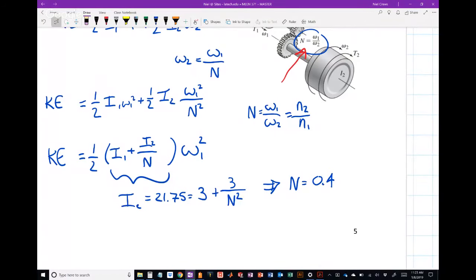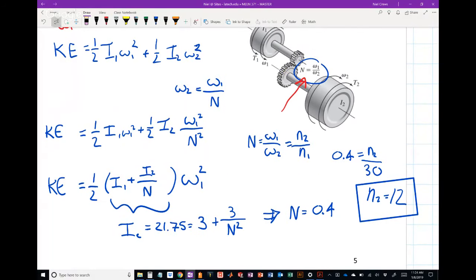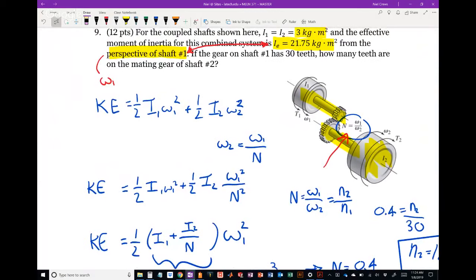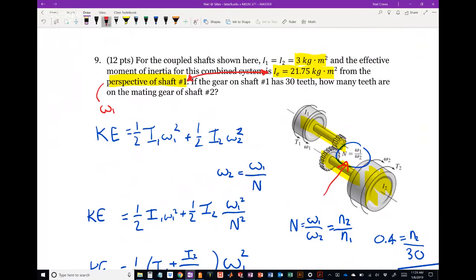So if we say 0.4 equals n2 divided by 30, 30 was the number of teeth which was given, we'll find that n2 equals 12, okay, and that was the answer. There are 12 teeth on the gear attached to this shaft, and there are 30 teeth attached to the gear on this shaft. What that does is it makes W2 spin way faster, and so that's where this seemingly heavy moment of inertia comes from.